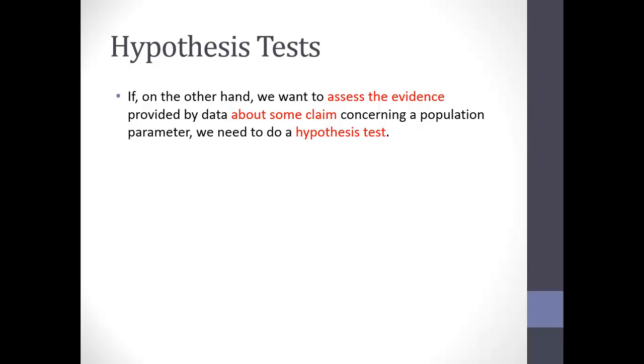In the confidence interval, we're trying to estimate something about the population mean. The other main way you will maybe be using statistics in your later courses is a hypothesis test, in which we want to assess the evidence provided by our data about some claim about the population parameter.